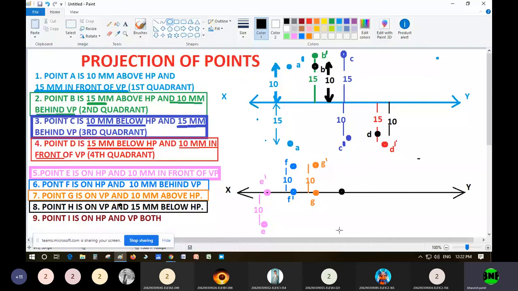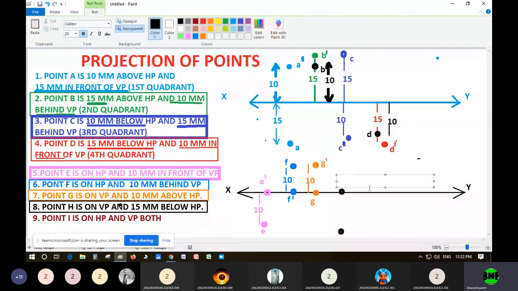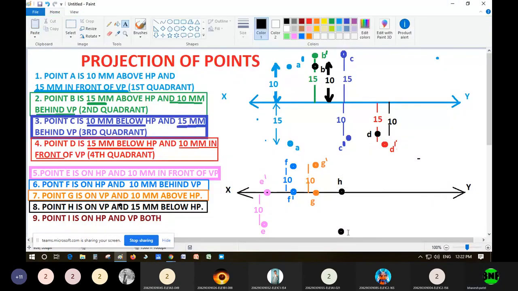The name of the point will be H, and here it will be H dash. Now I will give the dimension. Here it will be 15 mm. Okay, so we have solved the 8th sum also.